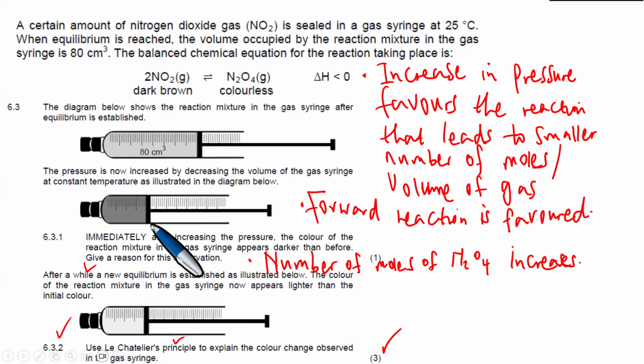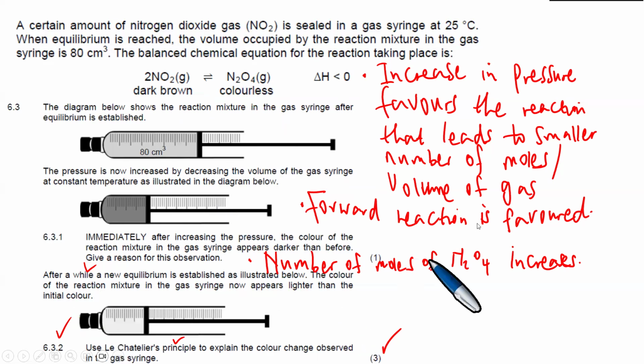Then when this is suddenly pressed, you can see a darker color, and this darker color means there's a shift towards the side of the equilibrium that has a dark brown color, which means a dominance of NO2. After a while it becomes more colorless, meaning there's a shift in the equilibrium towards the side that is colorless.